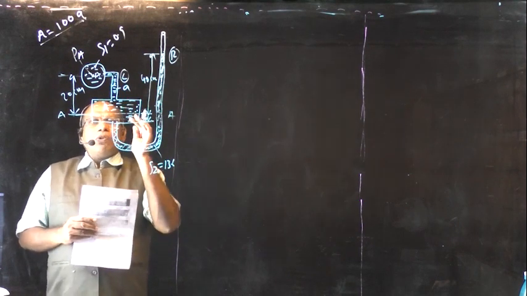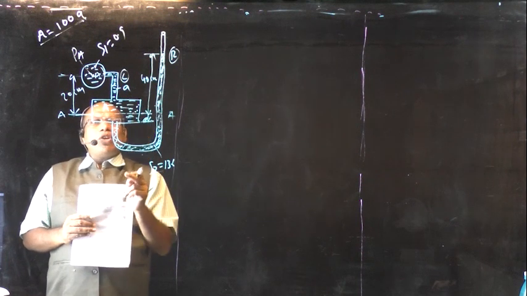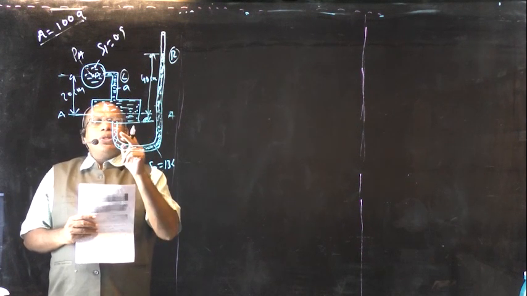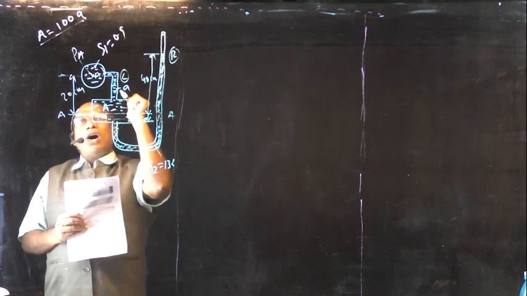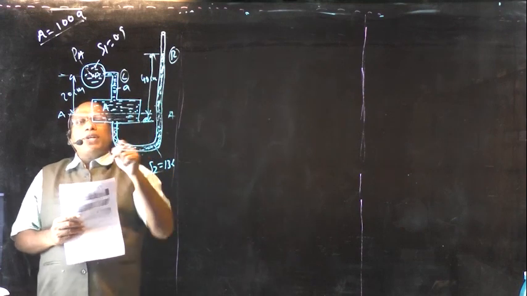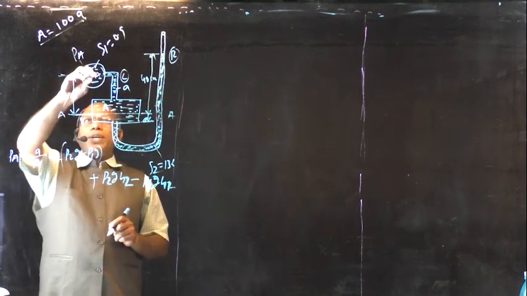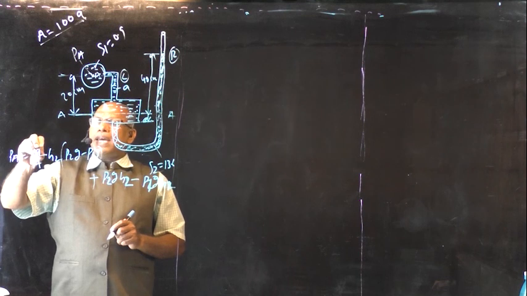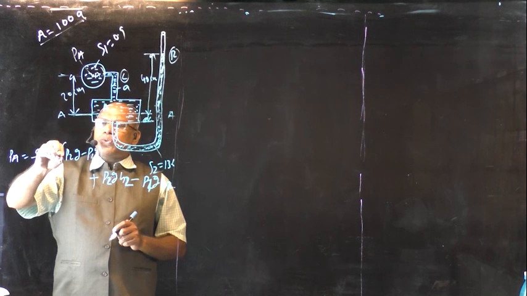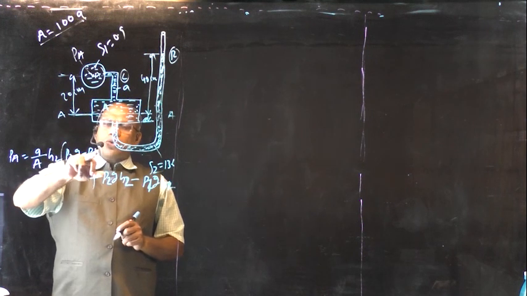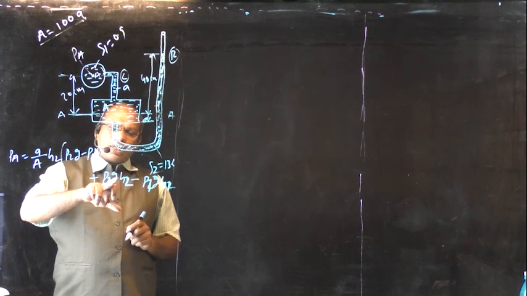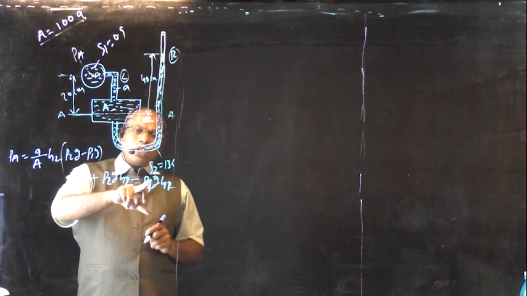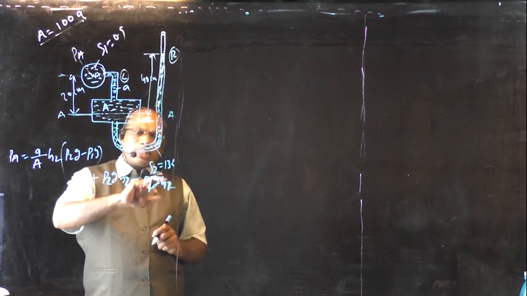But in the case of a single column manometer, you have to remember the formula for determining the pressure at point A. PA is equal to small a, the area of the tube, divided by the area of the reservoir, into H2 bracket begin rho 2 g minus rho 1 g, plus rho 2 H2 g minus rho 1 H1 g.